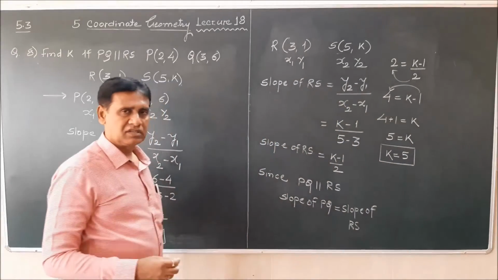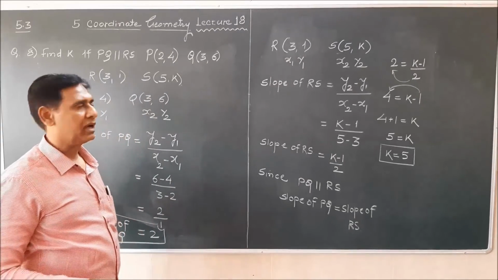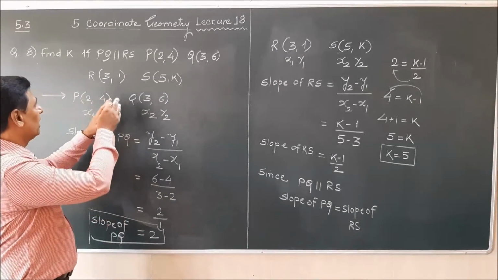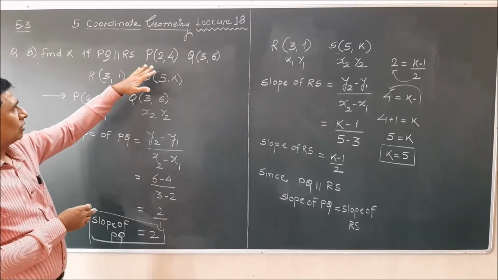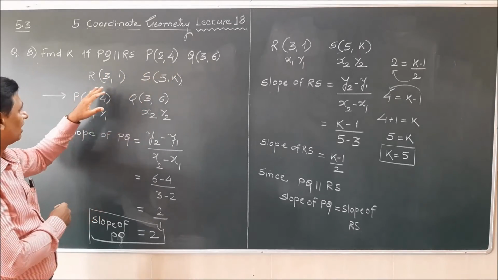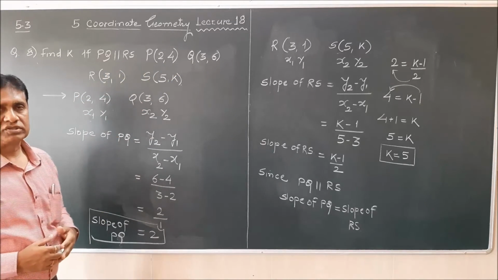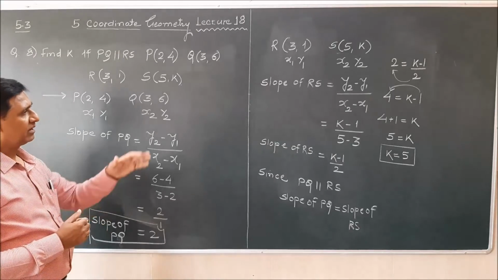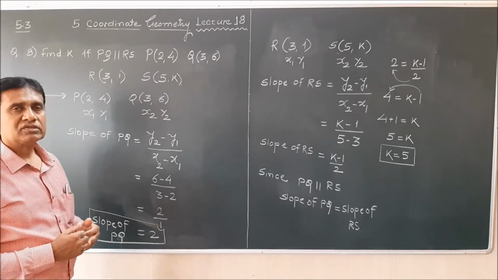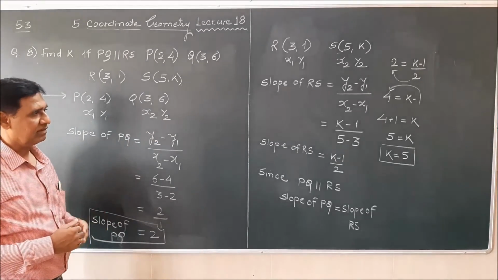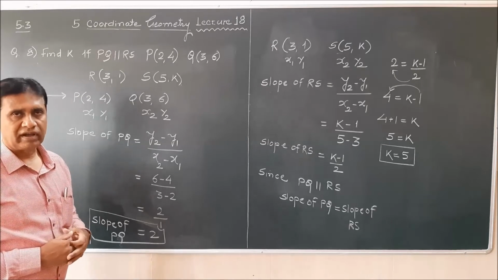Because our question is the same, that if PQ is parallel to RS, coordinates of P and Q are given, R and S are given, and question asked is to find out the value of k. So this is how we obtain the value of k as 5.